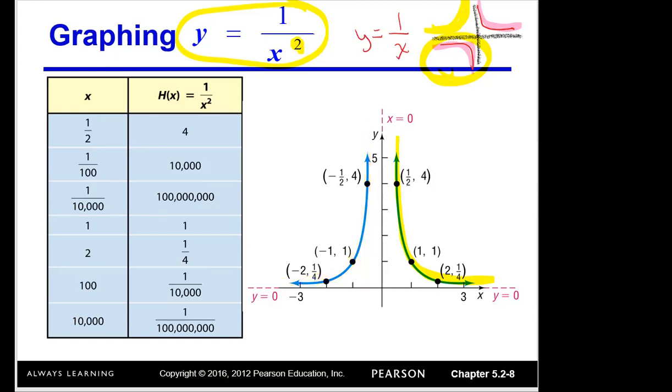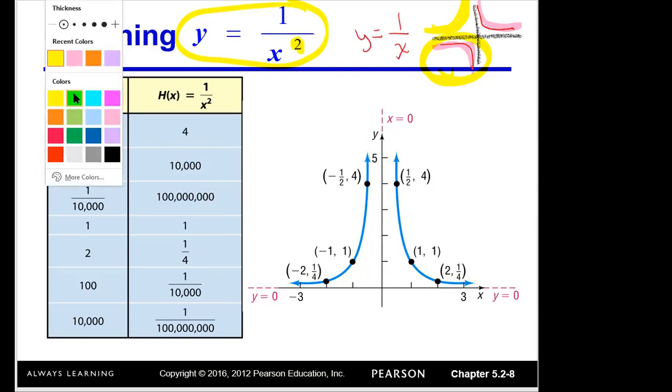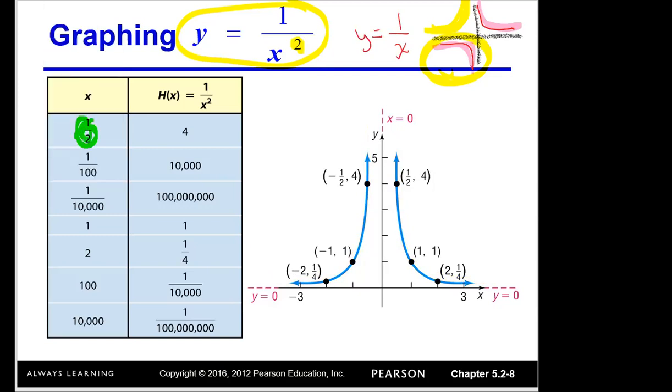Let me erase this yellow stuff. Okay, so when x was 1/2, you got a y coordinate of 4. That was this point right here.